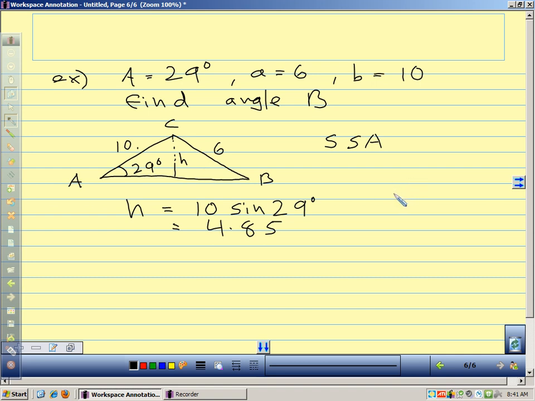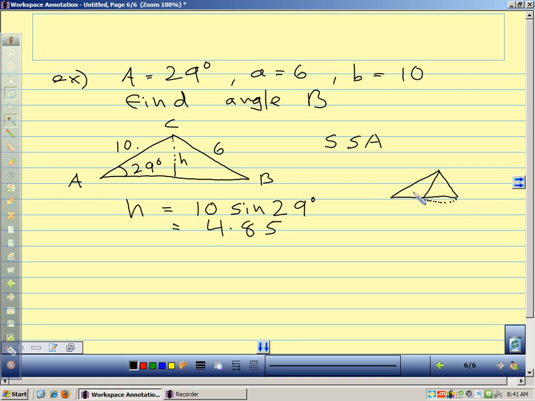So this is the case where our triangle could look like this, or we could swing this around and our triangle could look like this. So we have two possibilities for this triangle. That's what this tells us, because side A is smaller than side B, but it's still bigger than the height.